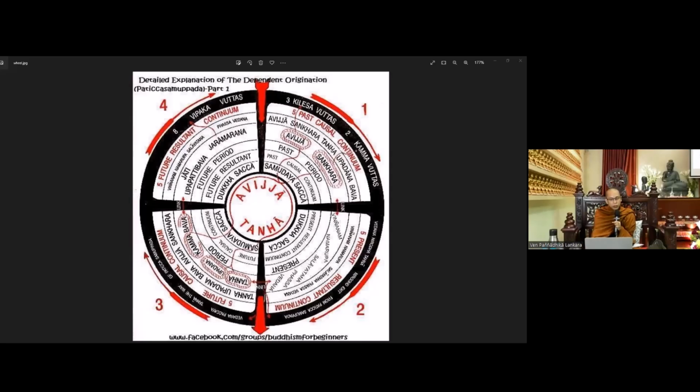So in this way, three periods and four connections, and three connections and four groups, like this. If you can classify, you can understand this cycle of the wheel of dependent origination; it is not that difficult. But for the explanation, if we understand the process, it continues the process.